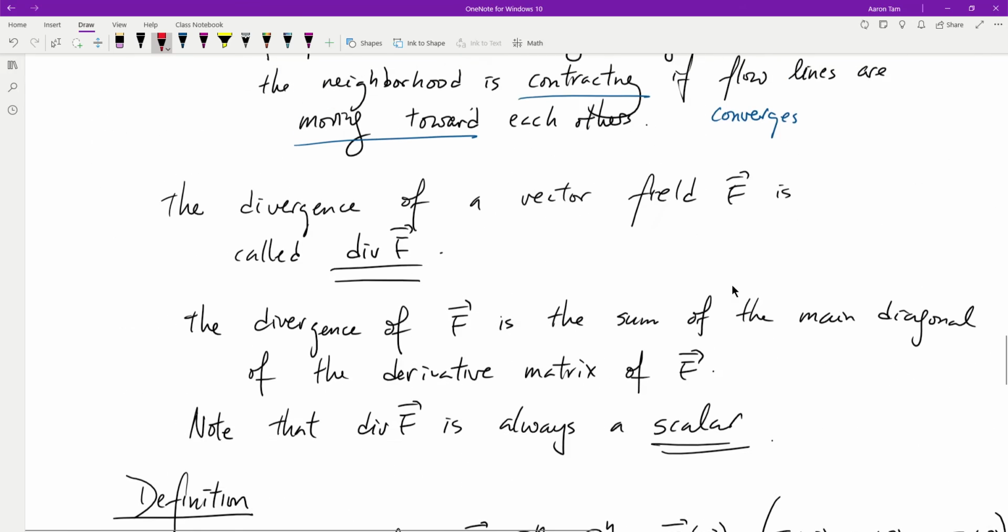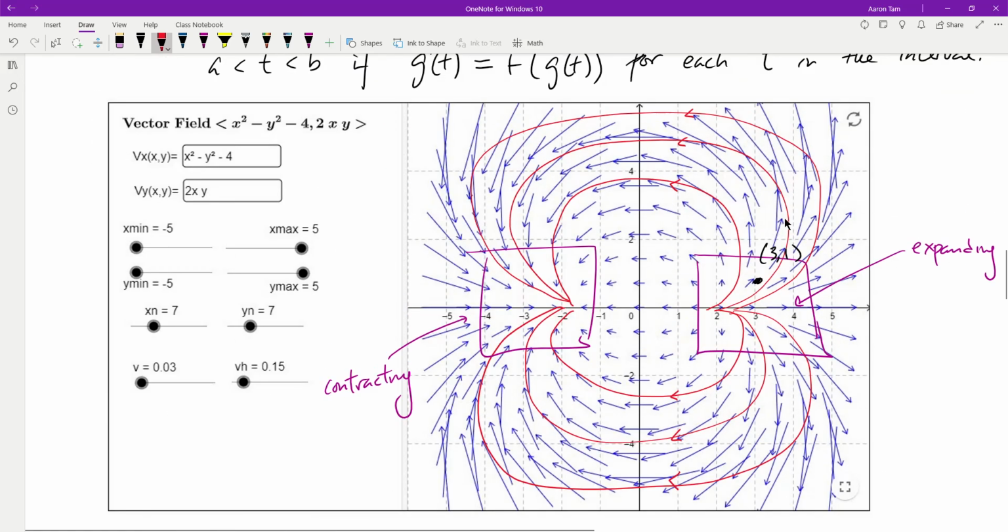And if you look at the picture, you can also see that this is true, as at this point the flow lines will probably be moving away from each other as they loop around to the other side. So now the interesting question is, what happens when we pick a point over on this side? Maybe negative 3, positive 1.